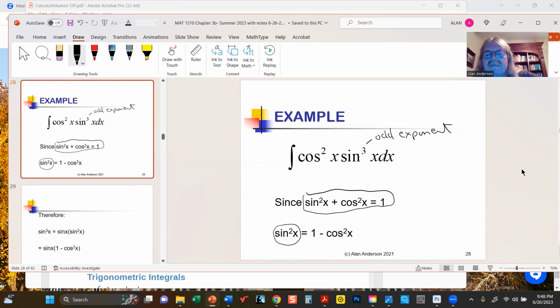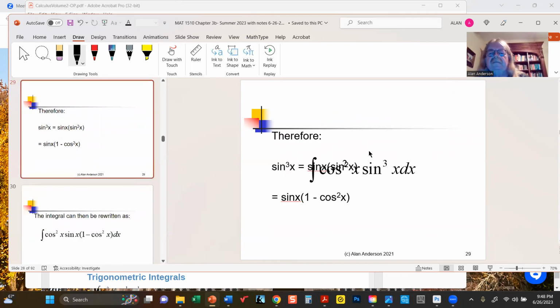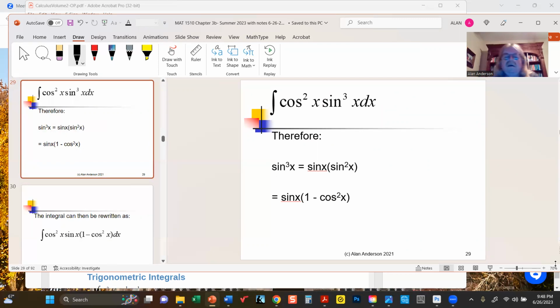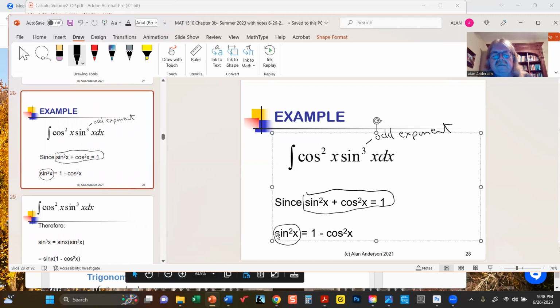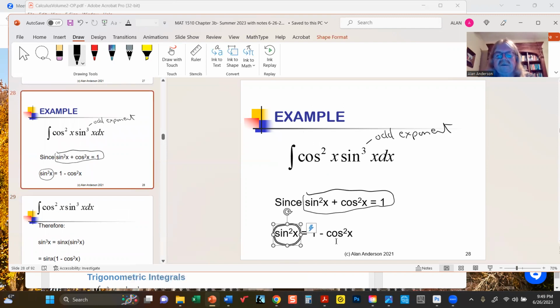But how do we do that? Let's find out. Our clever strategy is to say, well, we don't have a sine squared, but we need one. So what can we do?